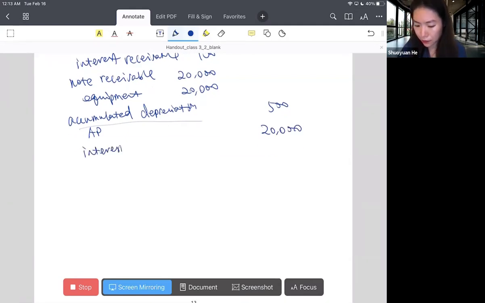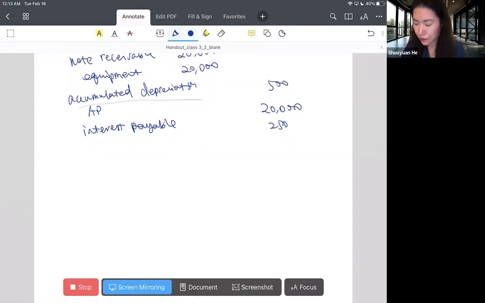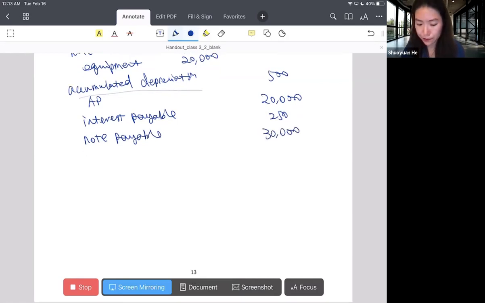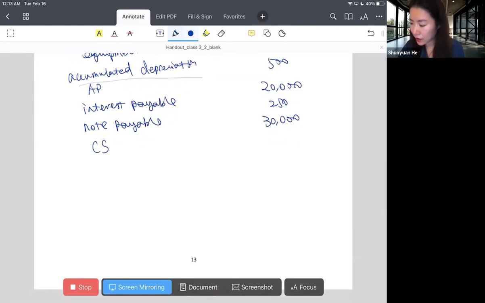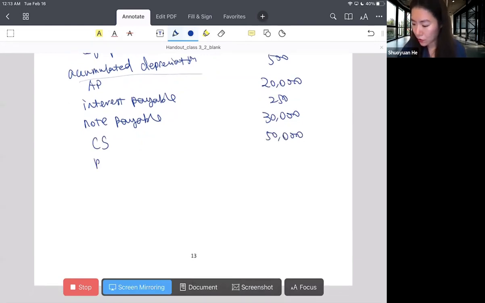Interest payable, 250. Note payable, 30,000. Common stock, 50,000. Retained earnings, 4,350.